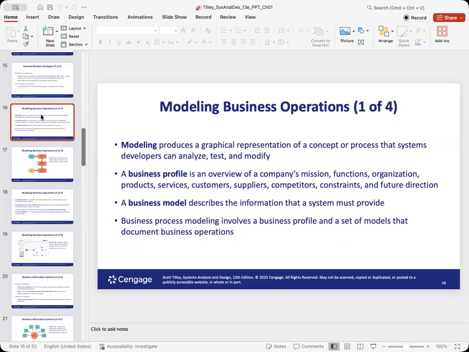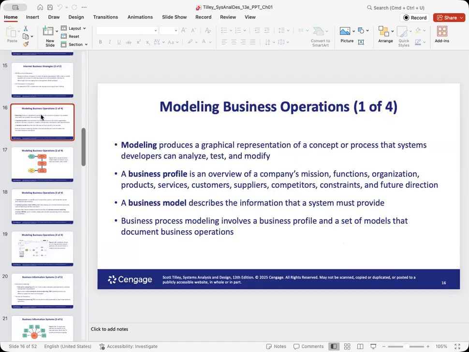Because modeling could also be a software representation, but for now, let's look at the graphical representation of a concept. So, assuming you want to design a system, what do you do?